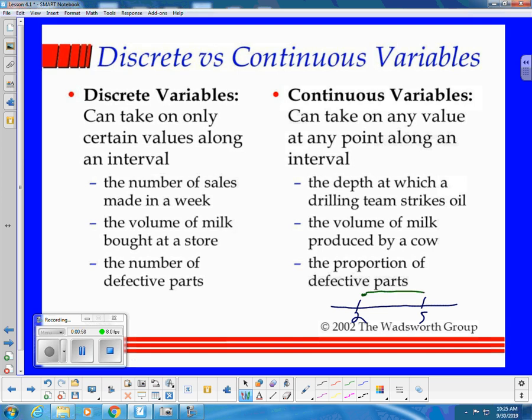In this case, if I was looking at a number line, it would be separate dots. You can count them. So discrete versus continuous. And like I said, mainly what we're going to be doing today is discrete.